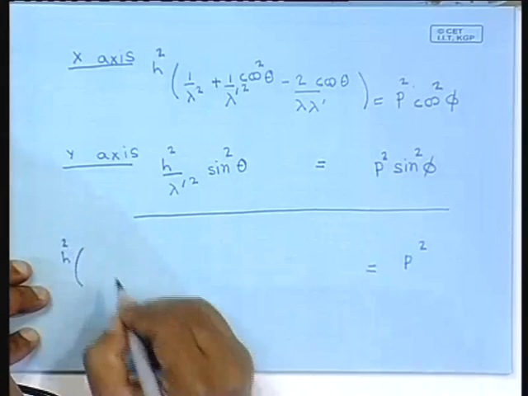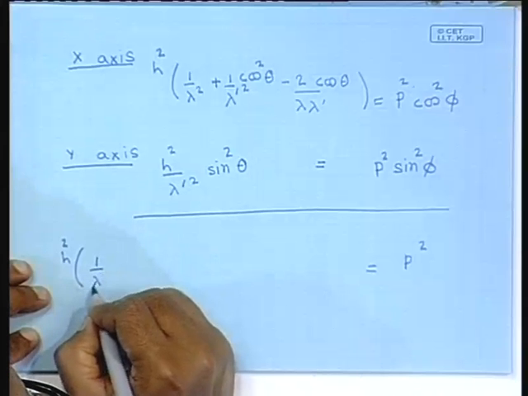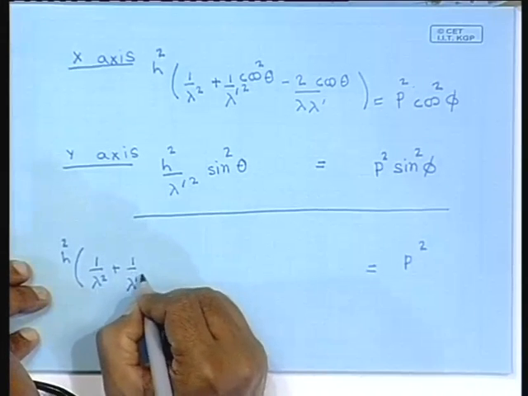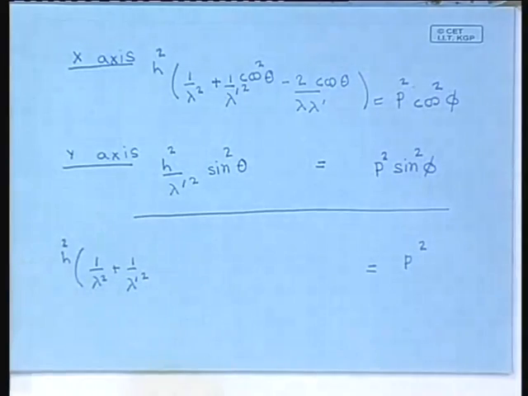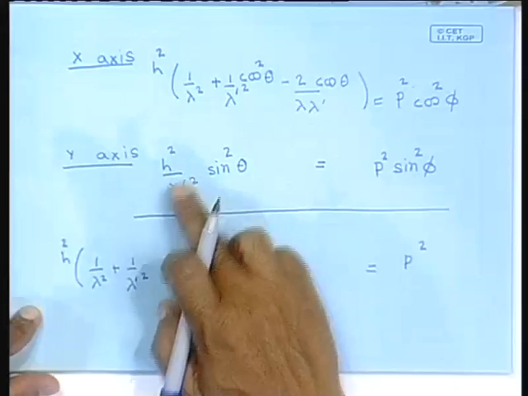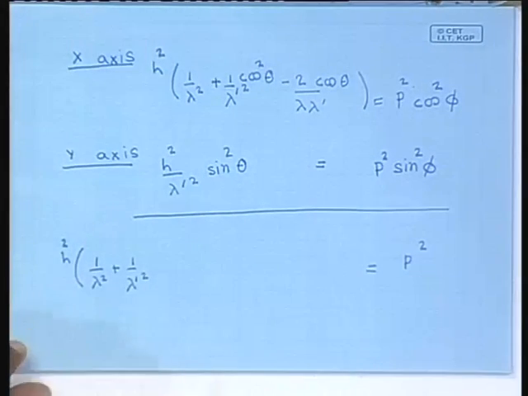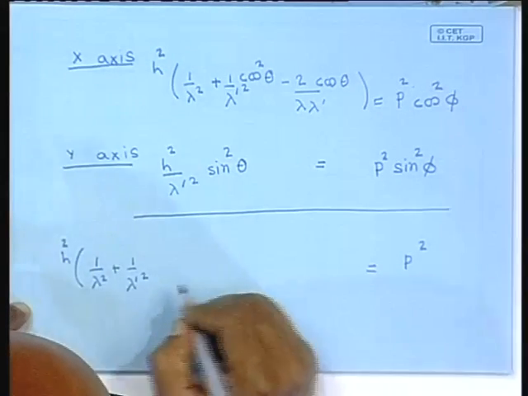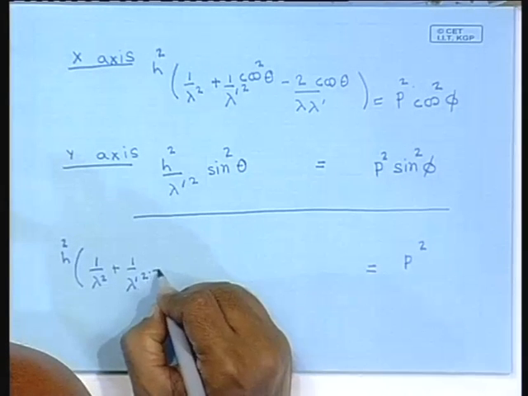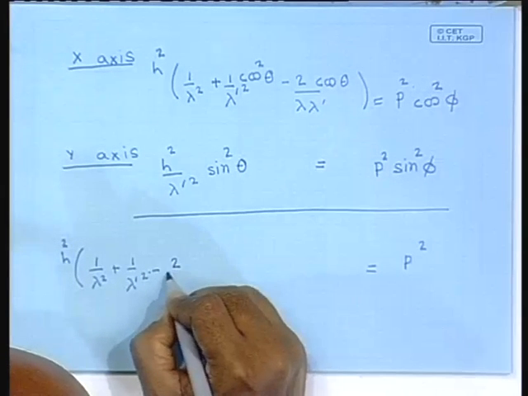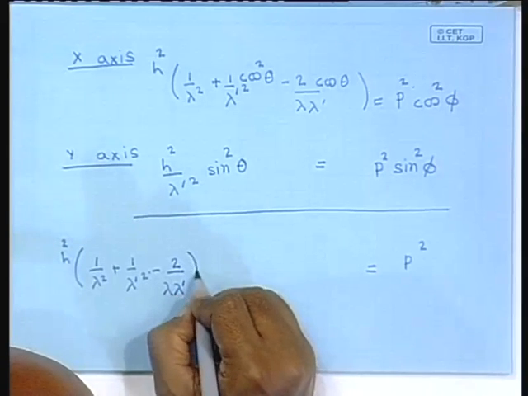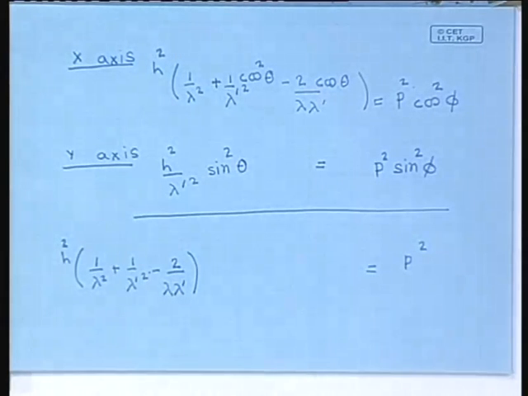So, I have h square times 1 by lambda square plus 1 by lambda prime square. These are the two terms over here, and now I can subtract, let me write it like this, I can subtract minus 2 by lambda prime. I can write it like this.